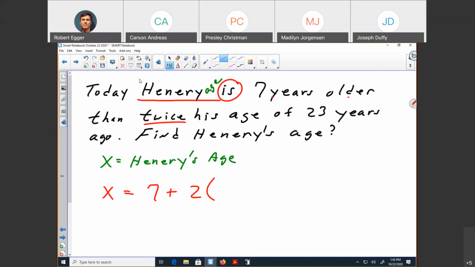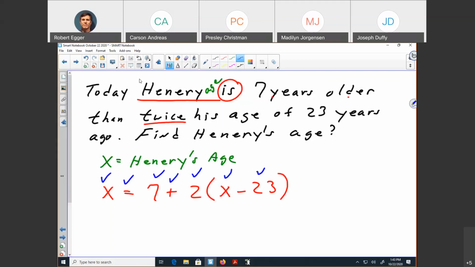Henry's age today minus 23. Let's see. Henry's age is 7 years more than twice what his age was 23 years ago.